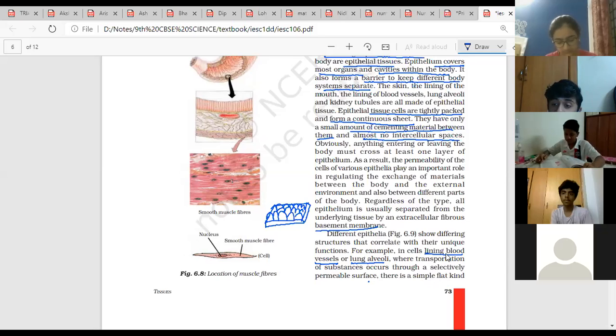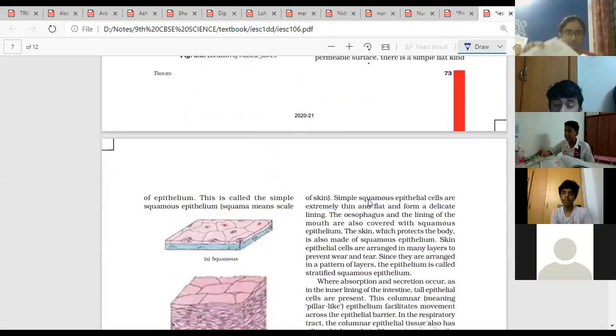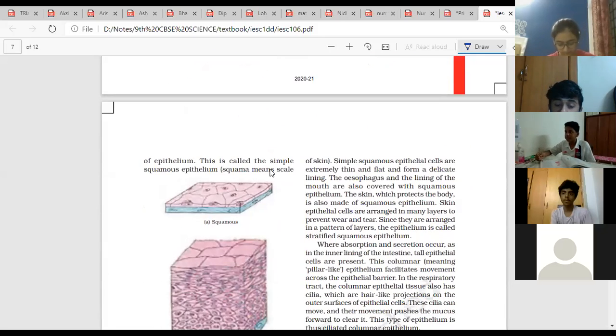Where is the squamous present? Blood vessel lining, lung alveoli linings. These are called simple squamous epithelium.